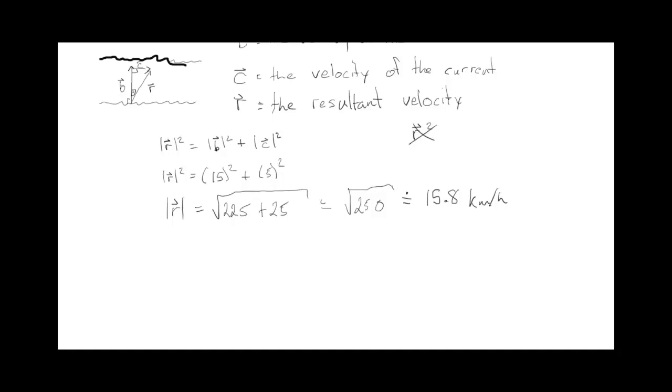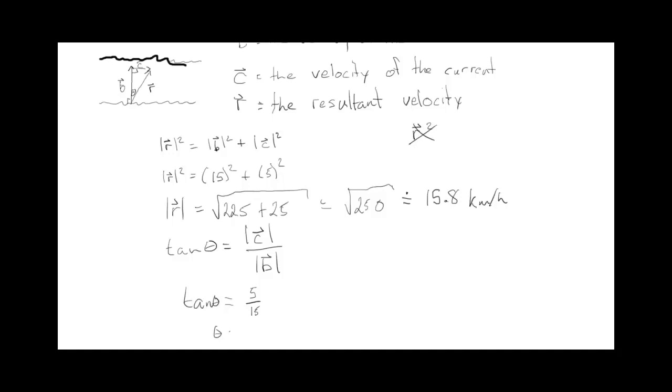The way you would get that is just using a basic trig ratio. Tan theta is equal to the opposite side, which is the magnitude of c, over the adjacent side, which is the magnitude of b. So that tells me that tan theta would be equal to the magnitude of c, which was 5, over the magnitude of b, 15.